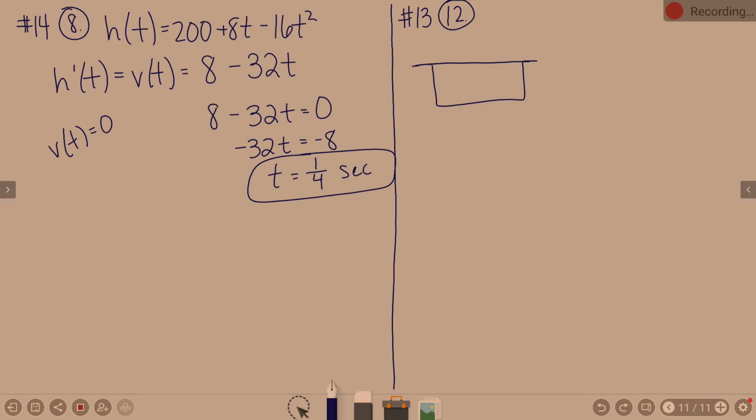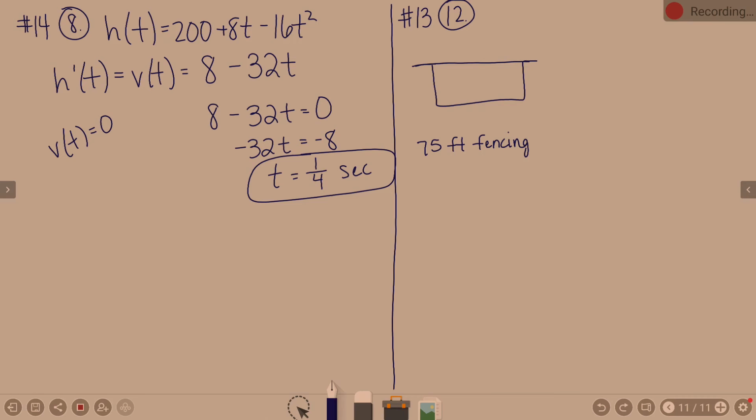You have 75 feet of fencing, and no fence is needed along the river. So the cows get to drink from the river, right? Or horses or whatever livestock we're talking about here. What dimensions would maximize the area?